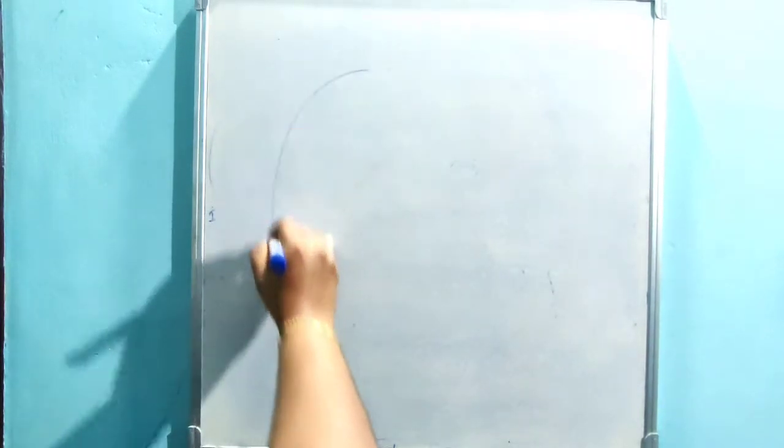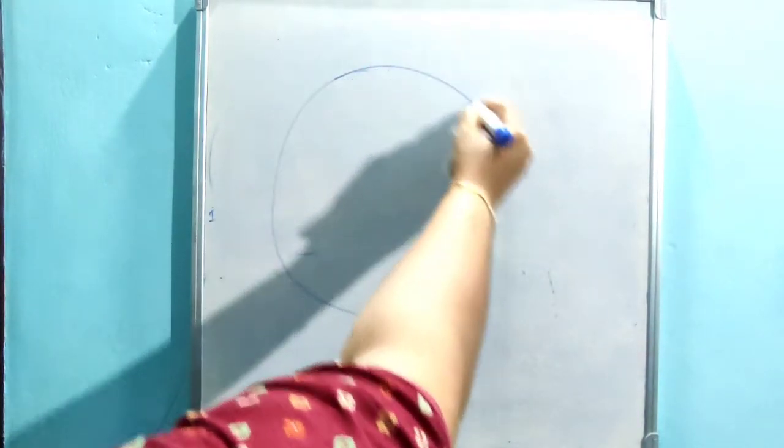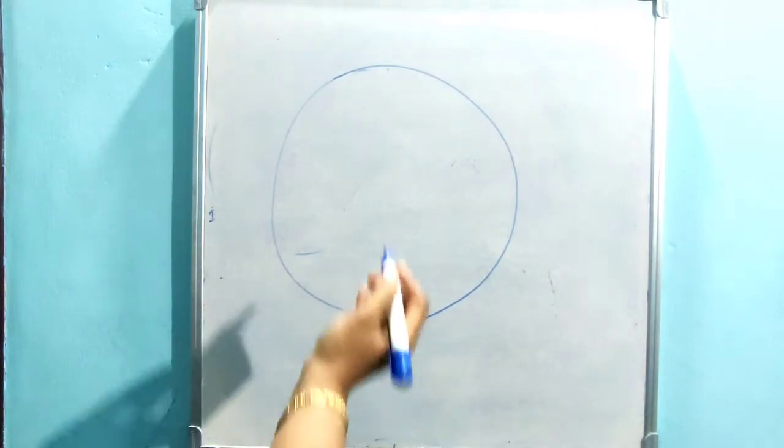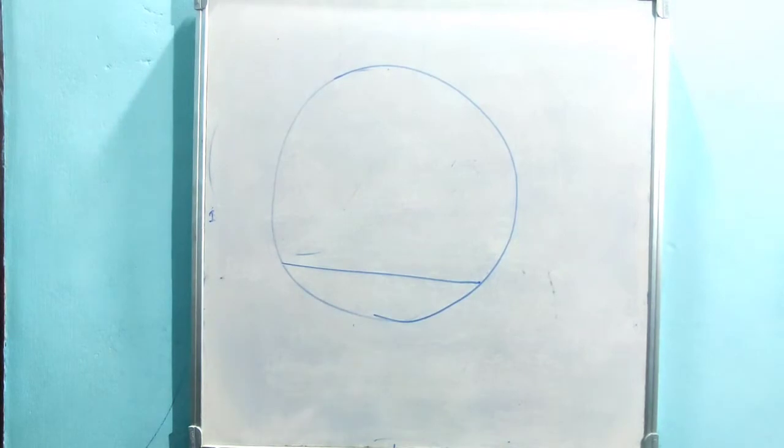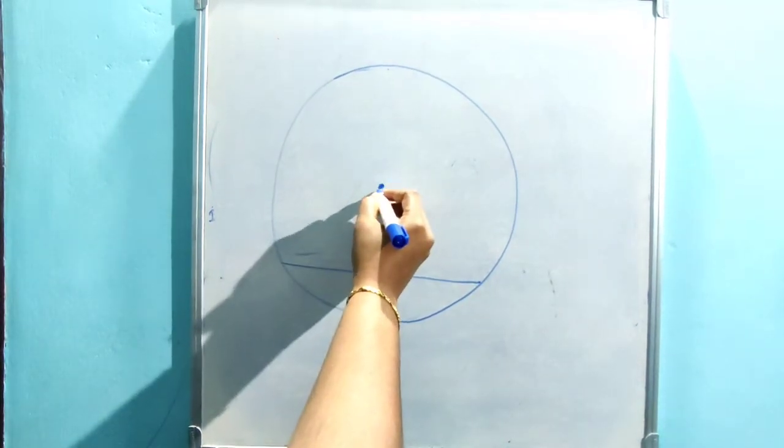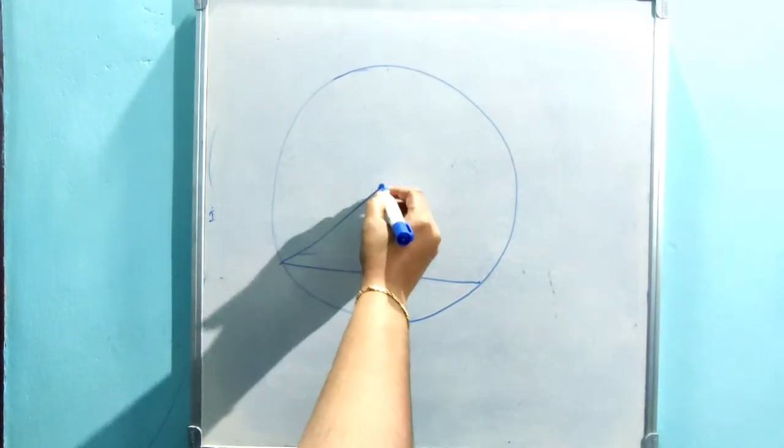Last class we discussed triangle and circle. Do you remember? Yes, the length of a chord can be determined by its central angle.